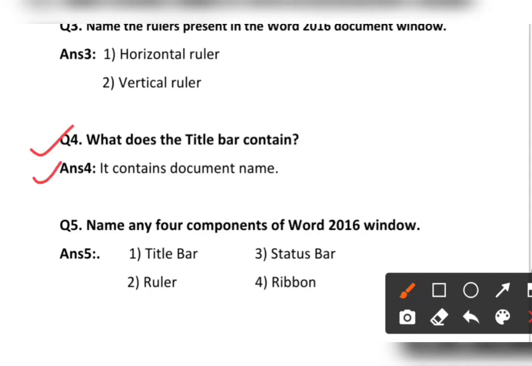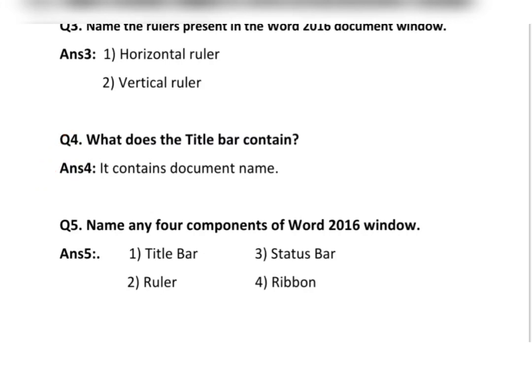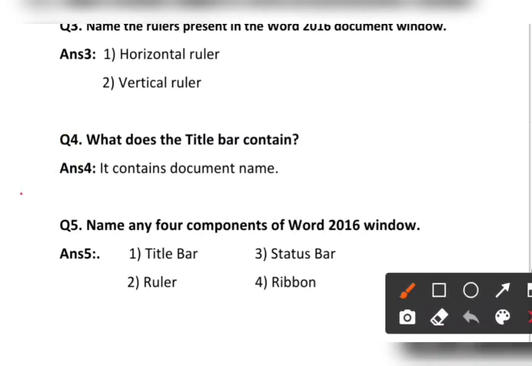I hope you have written it. It contains document name and spellings of document, please match it, DOCUMENT. And this is your answer number 4. It contains document name. And after writing answer 4, again you will leave one line, right?